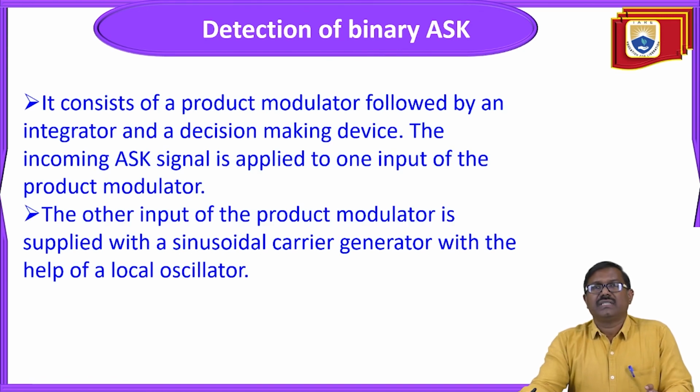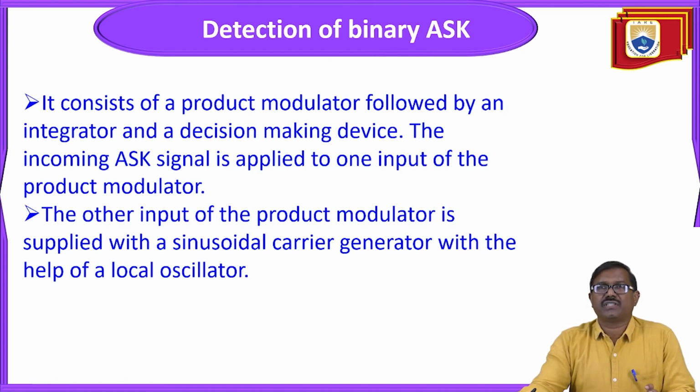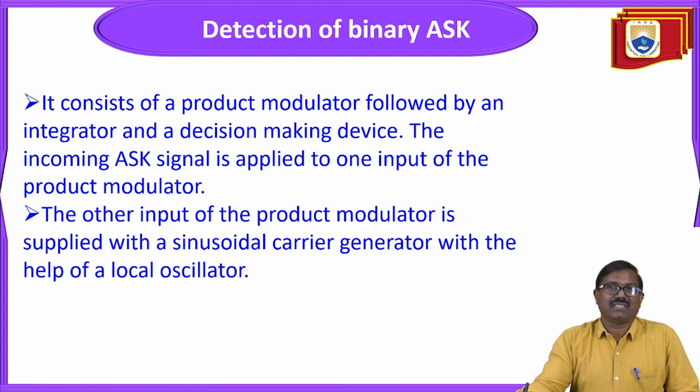So here is the description of the detection of binary ASK. It consists of a product modulator followed by an integrator and a decision making device. The incoming ASK signal is applied to one input of the product modulator. The other input of the product modulator is supplied with the sinusoidal carrier generated with the help of a local oscillator.